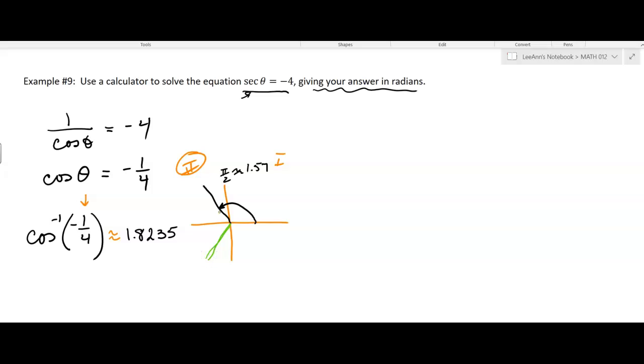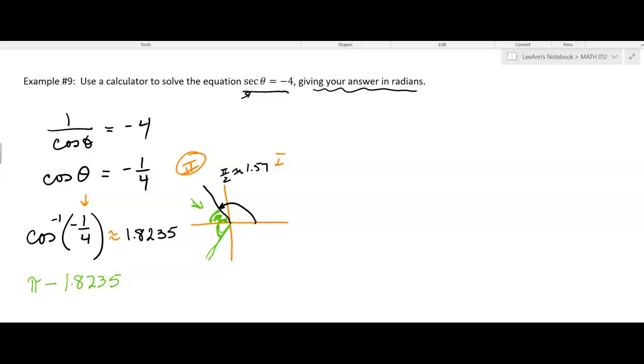Now the reference angle here and the reference angle here have to be the same. But what is that reference angle? Okay, so you would take pi and subtract 1.8235. Okay, that will give you this reference angle right here.